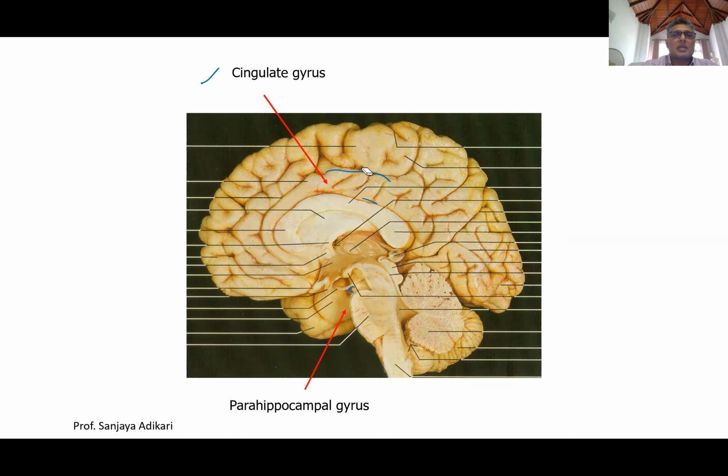The cingulate gyrus is on both the frontal and parietal lobes. It is just above the connection between the two cerebral hemispheres, which is called the corpus callosum. We'll discuss that later. Just above that, you get the cingulate gyrus.